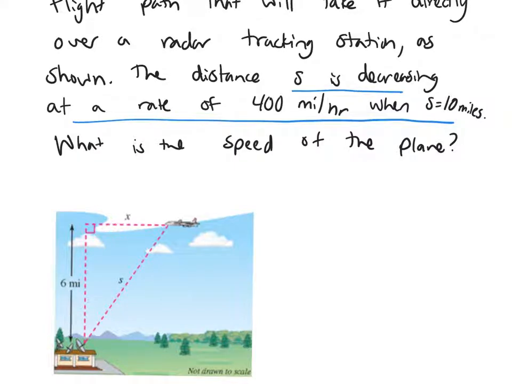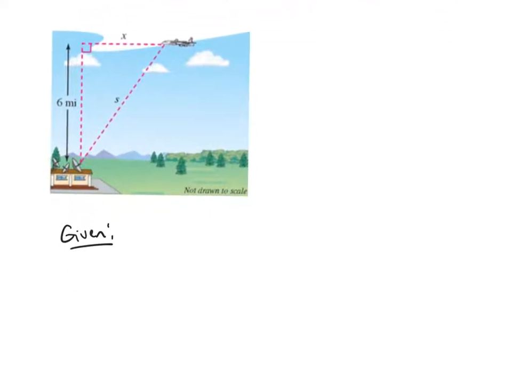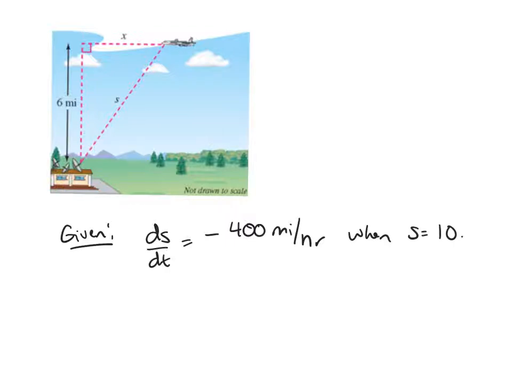So what I'm given is dS/dt. And because it's decreasing, it's going to be negative 400 miles per hour when S equals 10. Now I need to identify an equation here.